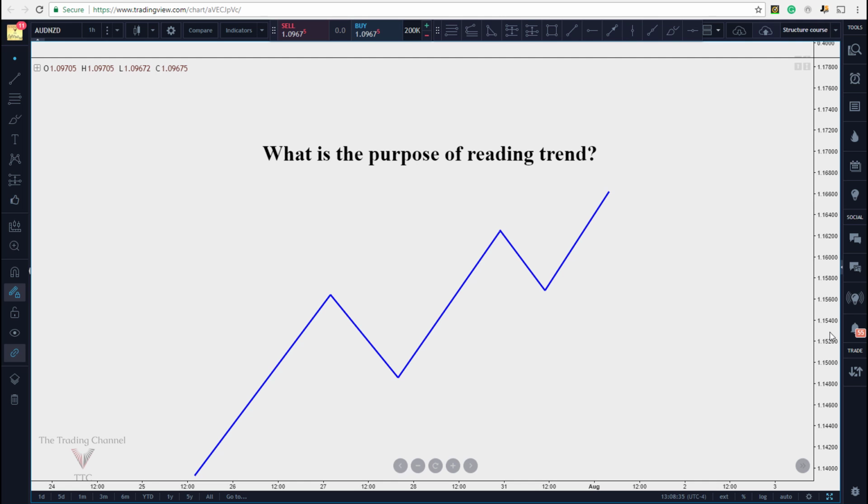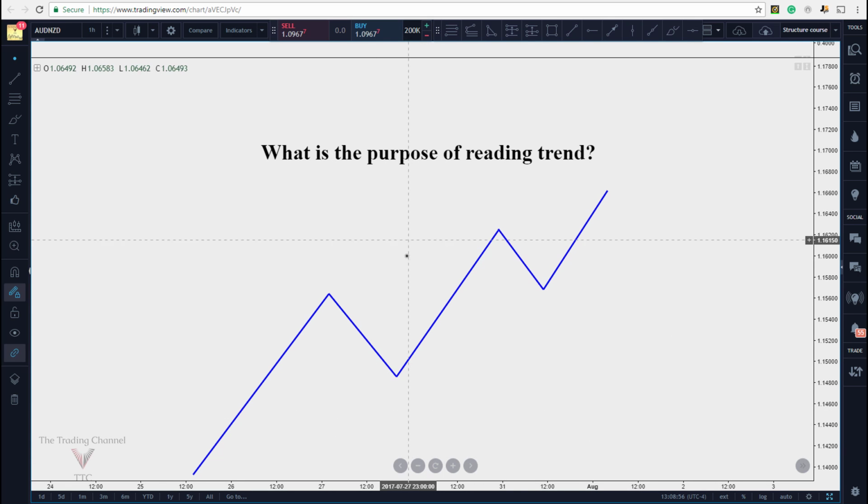We can go a little deeper into that and say also that being able to read trend and actually creating objective rules for understanding and reading structure and trend gives us a huge advantage when it comes to creating some type of strategy or some type of trading plan. Let's consider this.